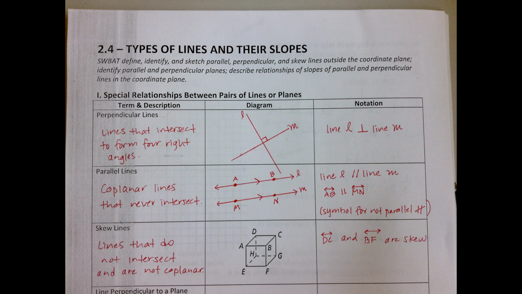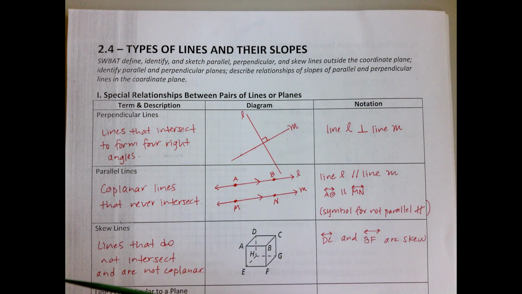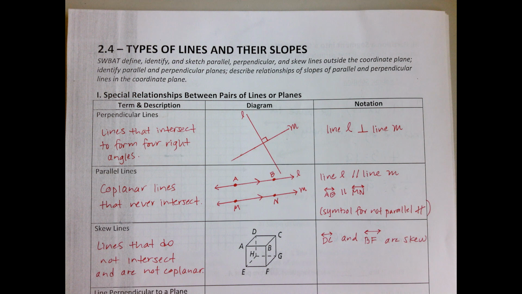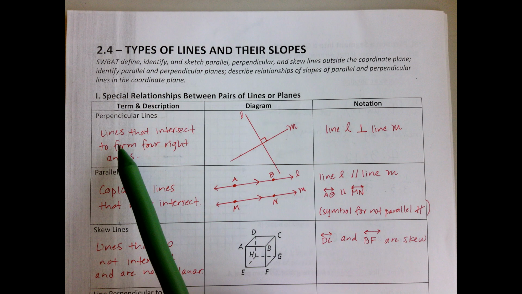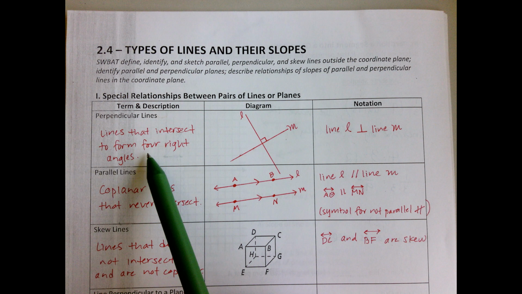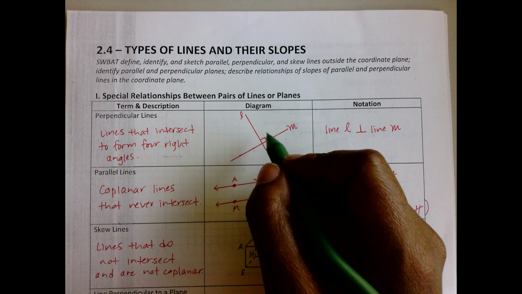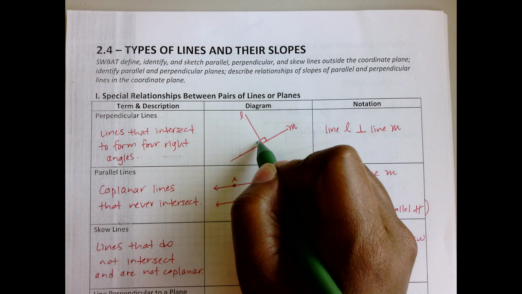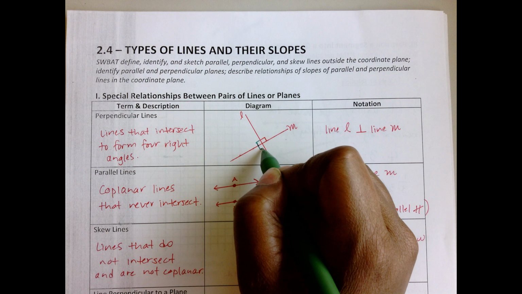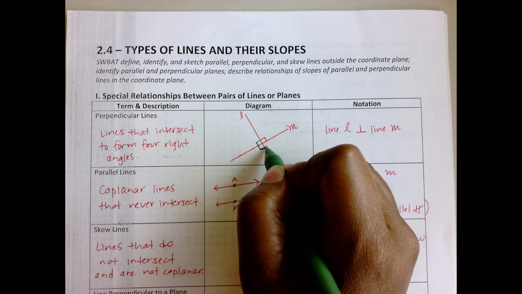The first set of notes you have here are the special relationships between pairs of lines or planes. What we see here is a set of perpendicular lines. And so perpendicular lines are lines that intersect to form four right angles. We see one of them here, but there's another one here, there's another one here, and there's another one here.